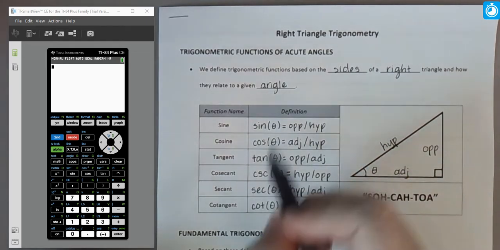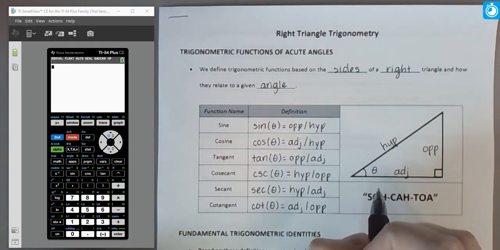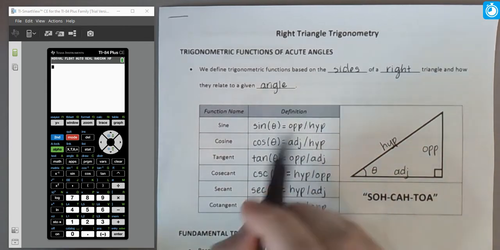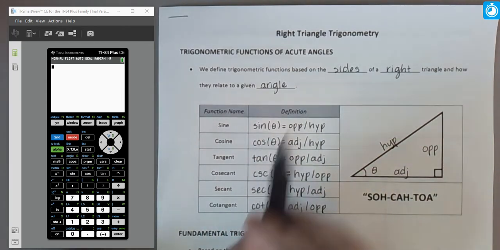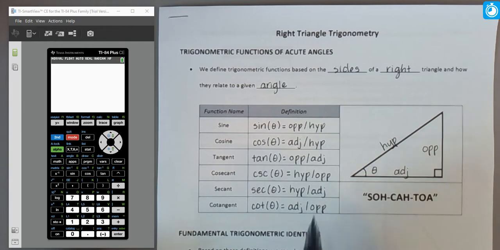And these are going to be the only 6 ways we can take ratios of sides in a right triangle. So these 6 trigonometric functions and the ratios that go with them are going to give us all the different ways we could choose 2 sides in the right triangle and then combine them together in a ratio.